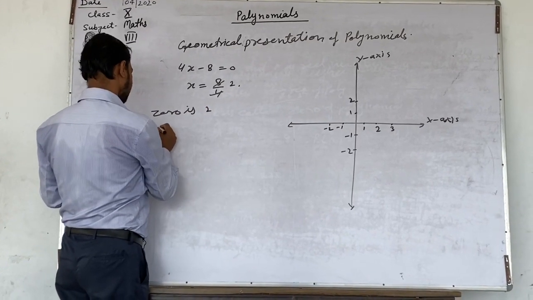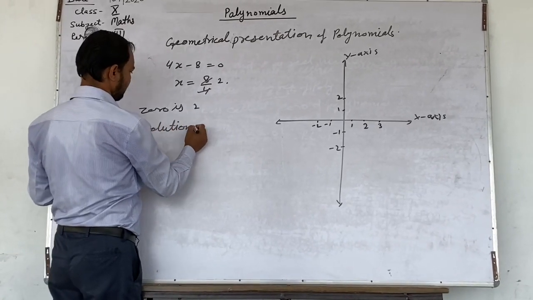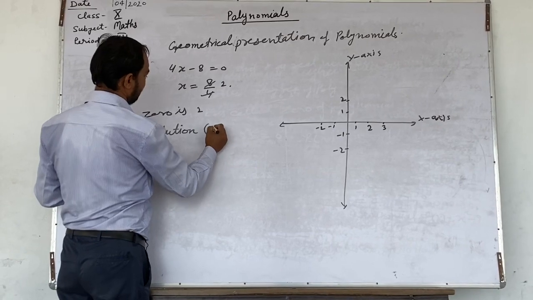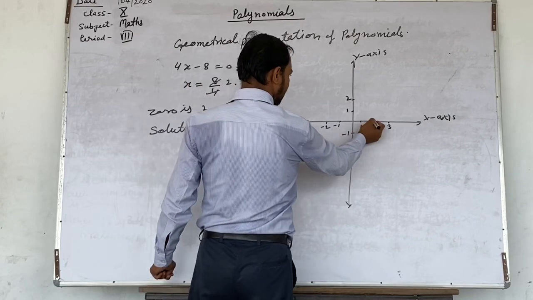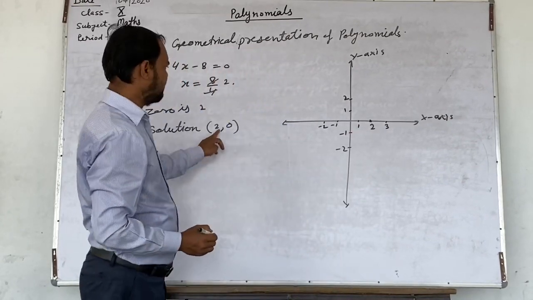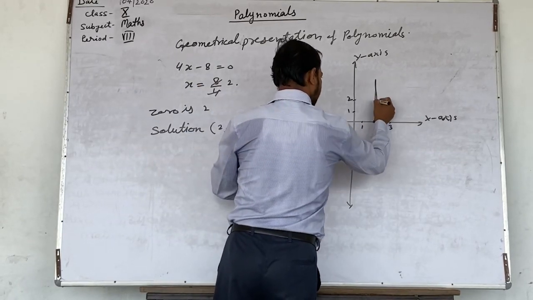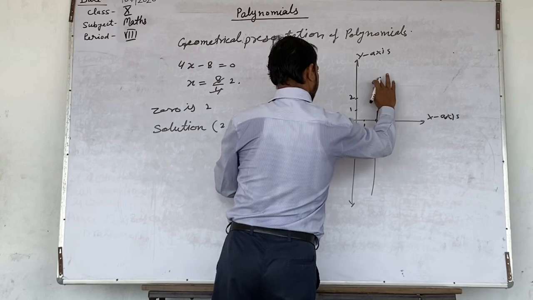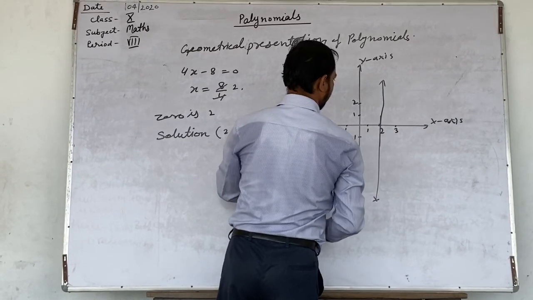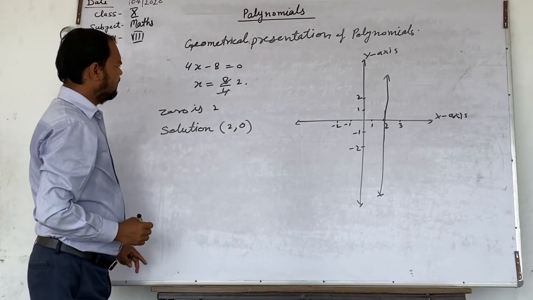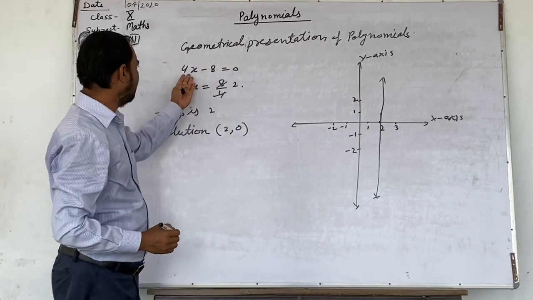The solution is x equal to 2, y equal to 0. Where is that? On the x-axis, the abscissa is 2 and the ordinate is 0. So if you draw the graph, it will be like this. This type of graph is called a linear graph. It draws a line, so it is also called a linear equation.